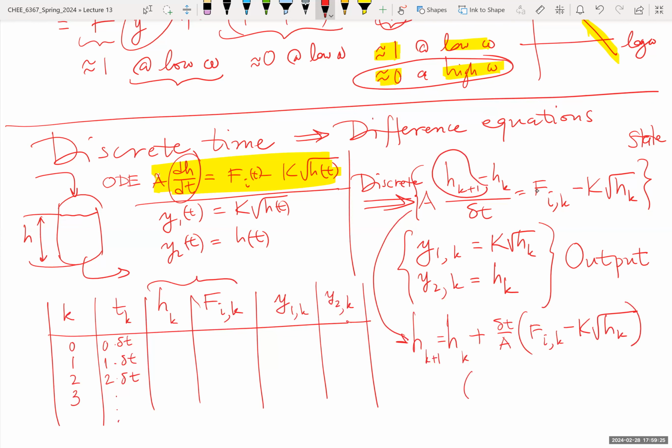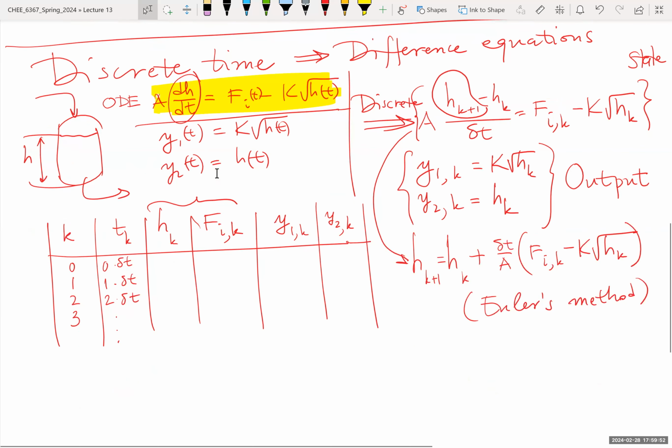Incidentally, this is numerically called Euler's method. It's a method for integrating differential equations such as this very easily numerically, known to Euler at least 3 centuries ago. But Euler didn't have computers, but now we have computers. So actually this can be used easily for numerics very, very nicely. It's trivial to program. In fact, let's do it together.